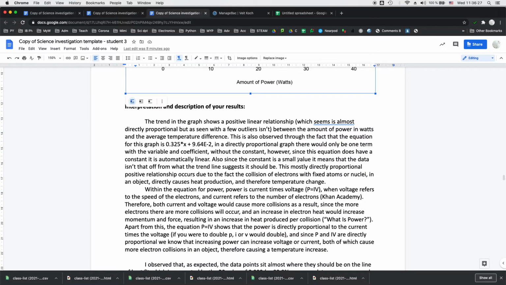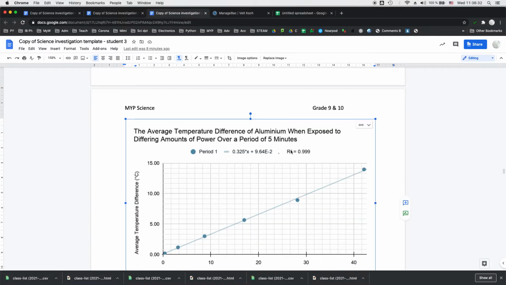For the last one, positive linear relationship. This is actually very close to a directly proportional relationship because it really seems to go through the origin, and the y-intercept is 9.64 e negative 2.